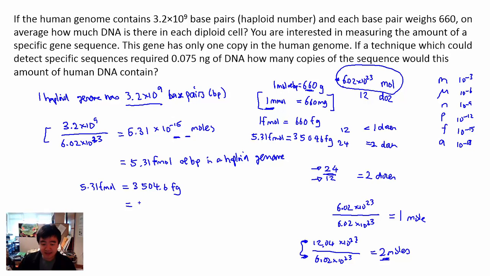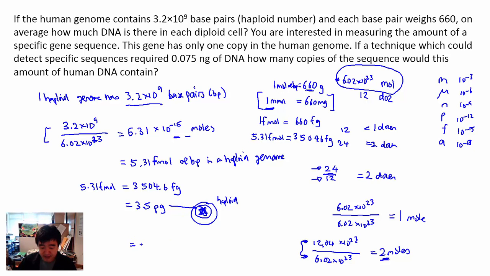Okay, 3,504.6 femtograms is equal to 3.5. If you go further up, it goes from femto to pico, and so this would be picograms. Okay, so in a haploid cell, all the DNA in this haploid cell would literally weigh approximately 3.5 picograms.